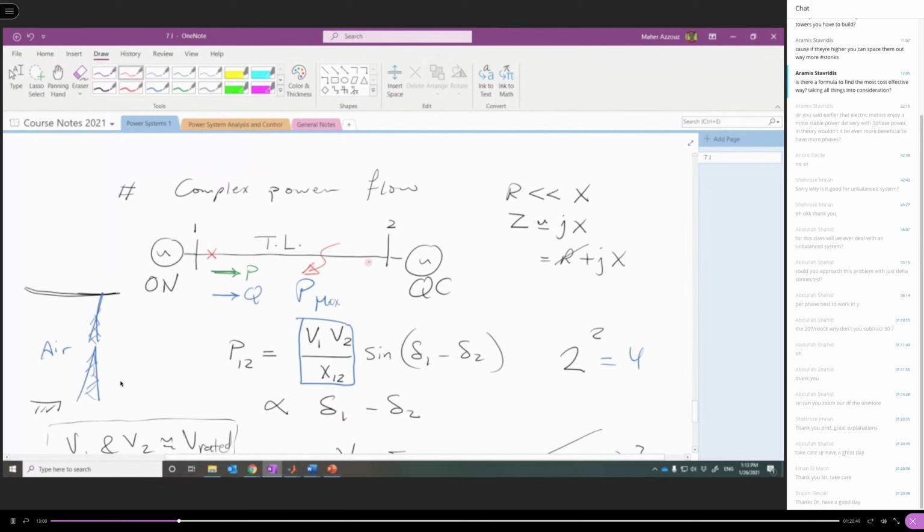So in this case, we have to trip the line. We have to disconnect this line. If we have two lines, then the other one can serve at least 50% of the demand, and this increases the reliability and connectivity of the network. Okay, so this is another benefit of having double circuits.